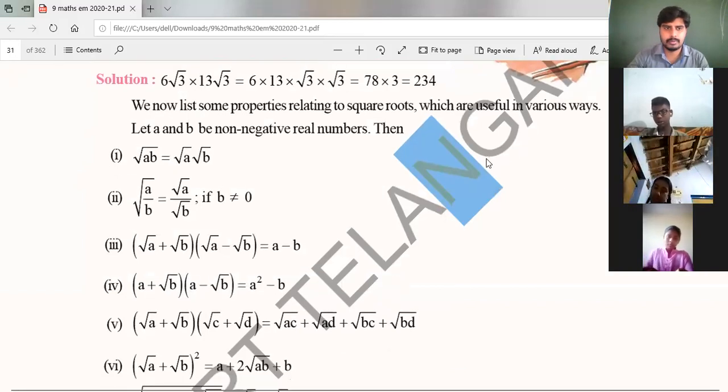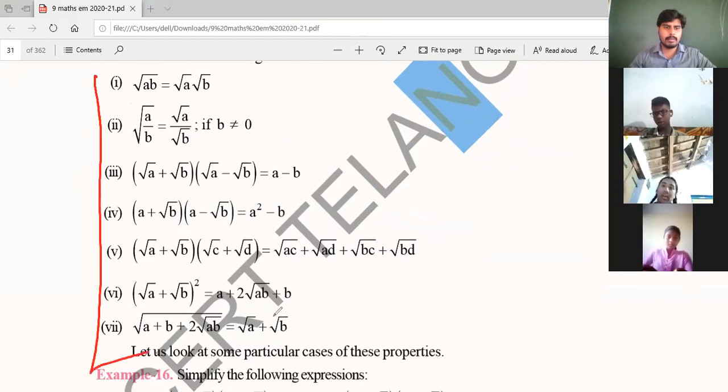See, what is the formula we have here? a plus root b? No. We do not have any direct formula for that. All right, just simply take that. Remember all these formulas, Nana. This may help us to find the solution for the exercise 1.4 problems.